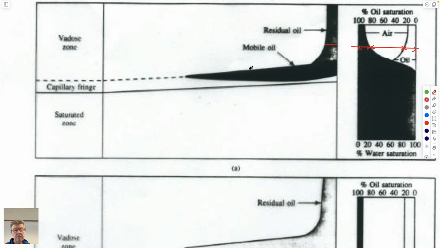All of this is partially saturated. And as we come down to this zone here, by definition, we're essentially almost 100%. No, sorry, that's not right. Get rid of this. In this zone here, we're 100% water saturated. And in this region here, this is our lens of oil.